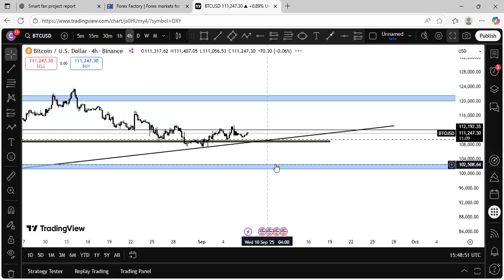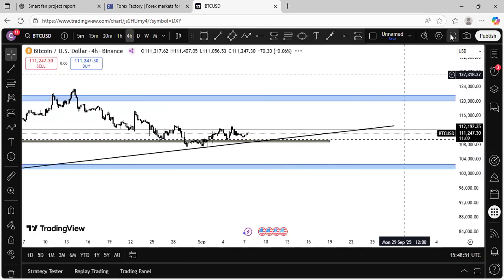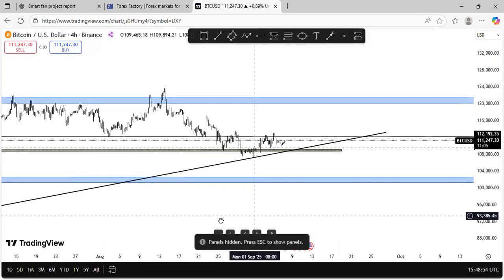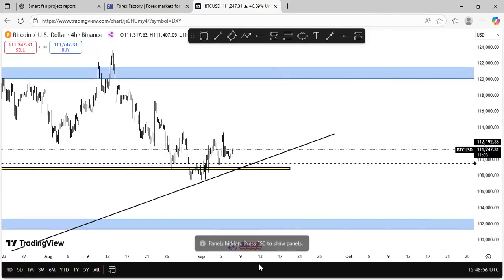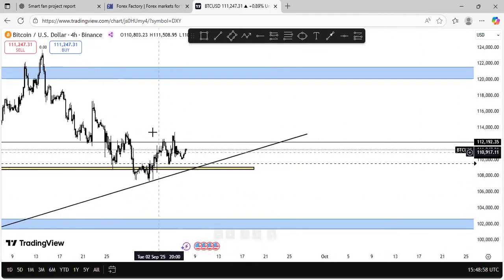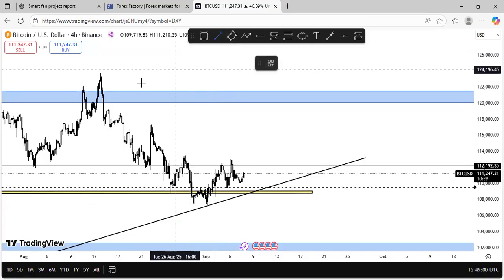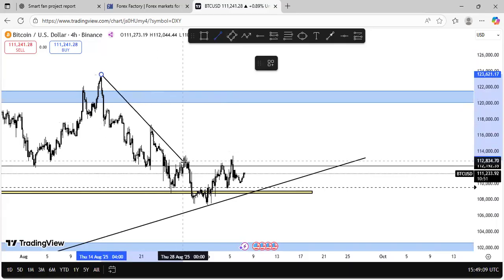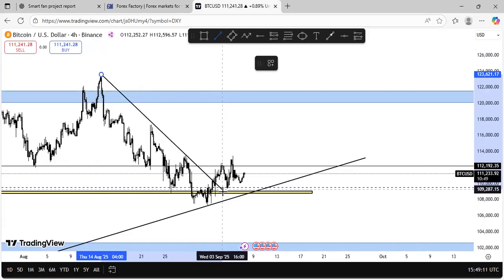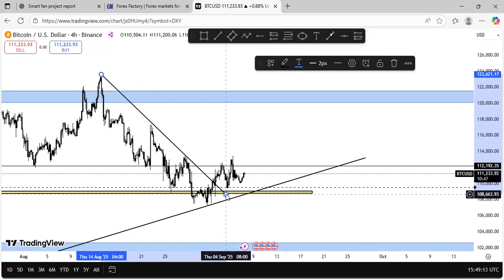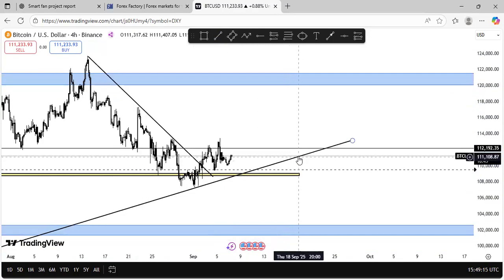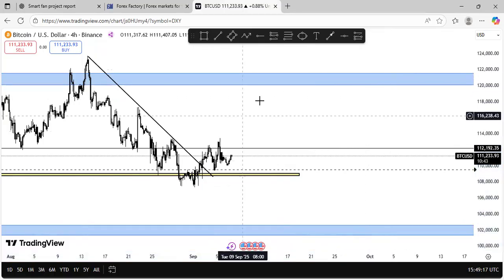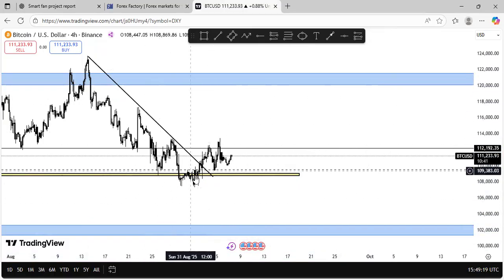On my 4-hour time frame, I did get my entry. My entry was a trend line break. I'm sorry, I'm a little bit rusty, and I haven't really done any videos since the last time I posted. So my entry came from this trend line break.